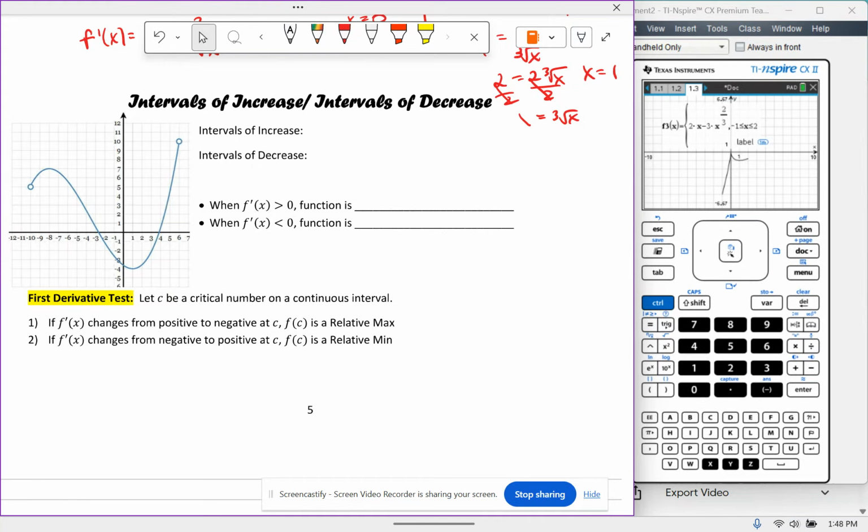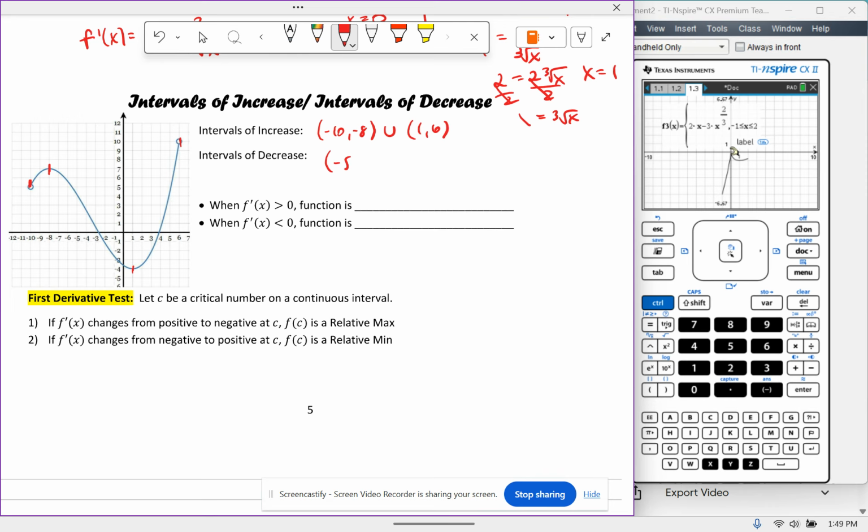So intervals of increase on this graph right over here are going to happen from -10 to -8. And then we have another interval of increase from 1 to 6. Whereas intervals of decrease will be happening from -8 to -1.